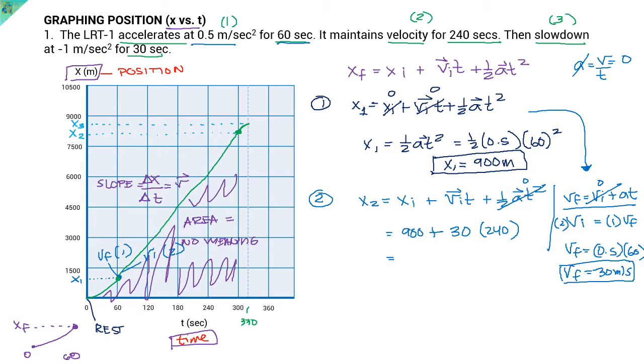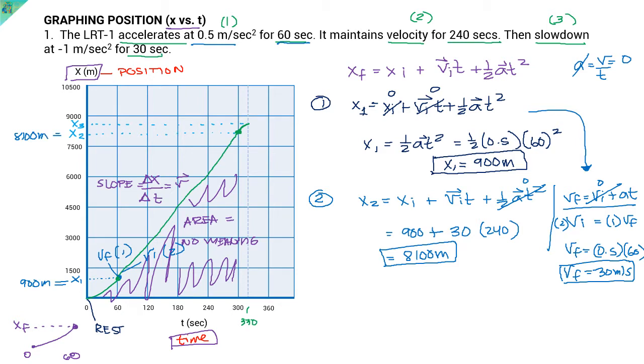You're going to have 8,100 meters. Okay, so meaning our position for our situation 2 is actually 8,100 meters. So for our x1, we have here 900 meters. For our x2, we have 8,100 meters.